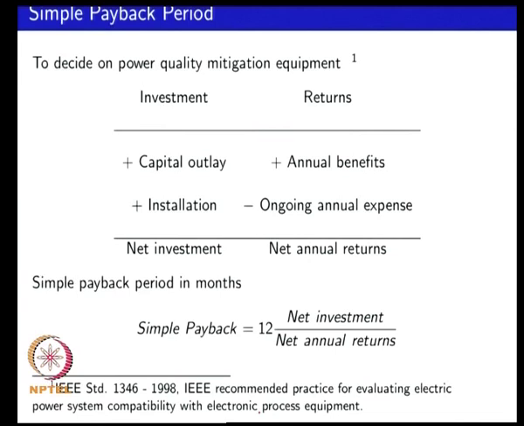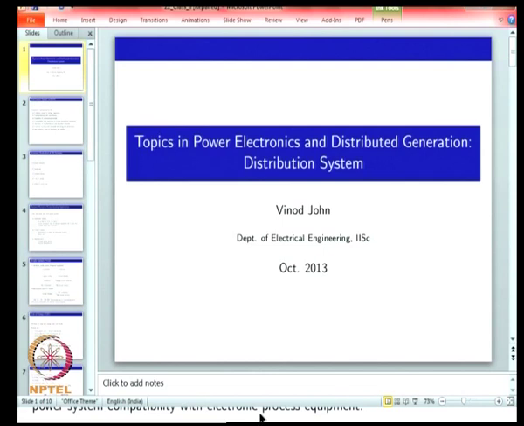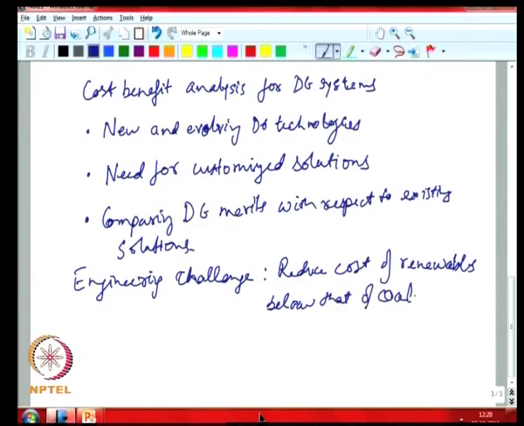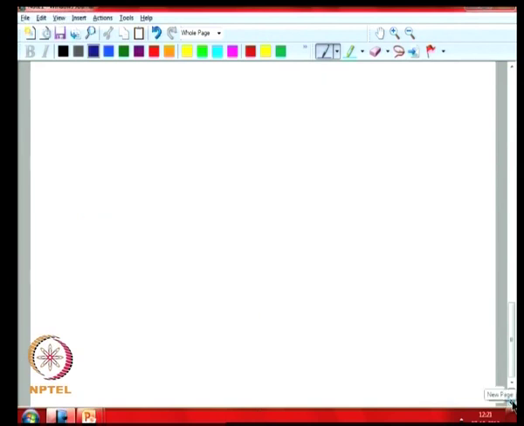So, we will look at an example in this particular situation. Suppose you have an injection molding plant and you are facing, say, 10 power outages a year.